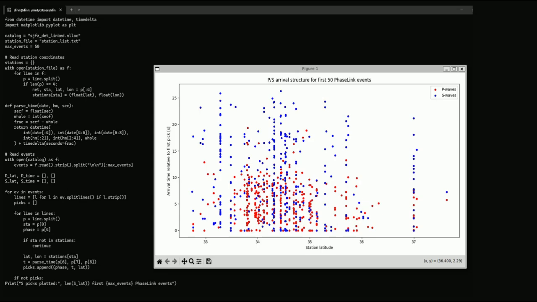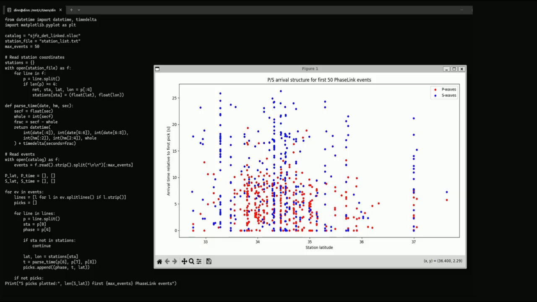The horizontal axis represents the geographic latitude of the seismic stations. The vertical axis represents the arrival time relative to the first pick, measured in seconds. Consequently, each vertical column corresponds to one or more stations located near a particular latitude. This type of plot is useful because it allows us to visualize how seismic arrivals spread through the network as a function of both space and time.